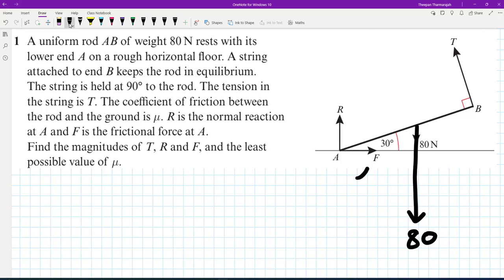We've got mu R, the frictional force going towards the right, the normal reaction at A, the tension in the string T, and now we need to resolve. So resolving this here, we know this is 30 degrees. This is 80 cos 30.